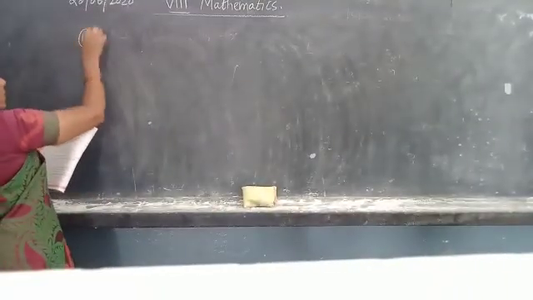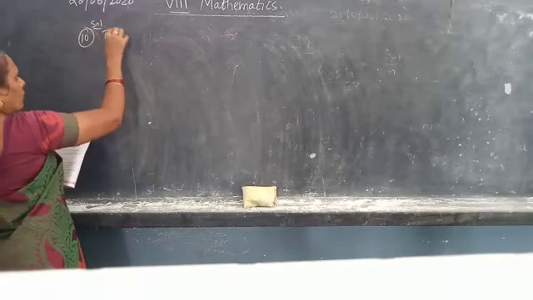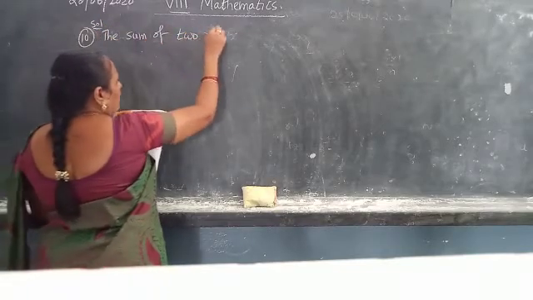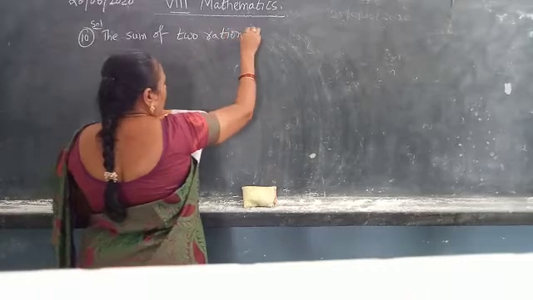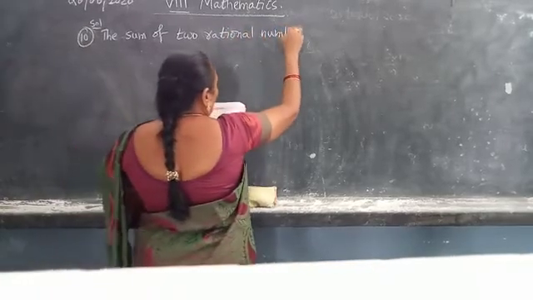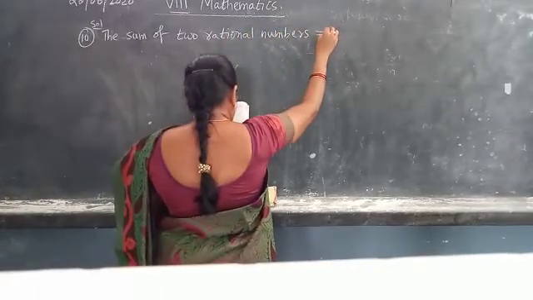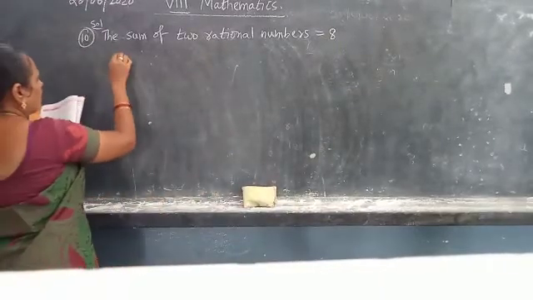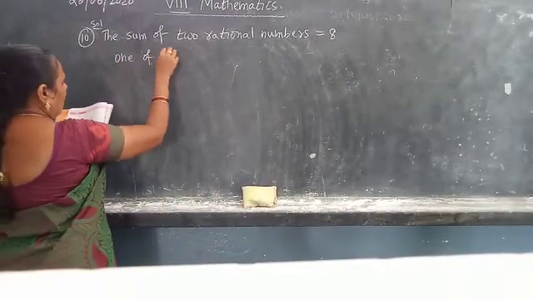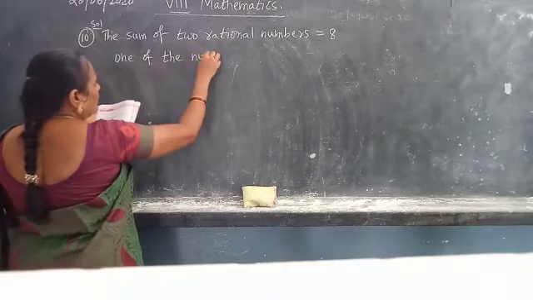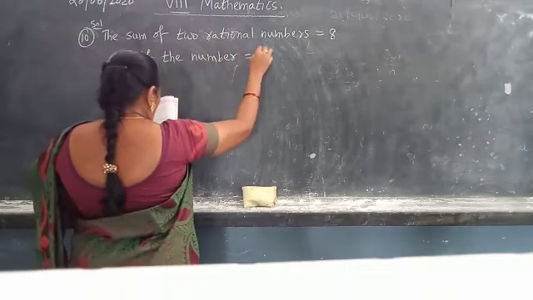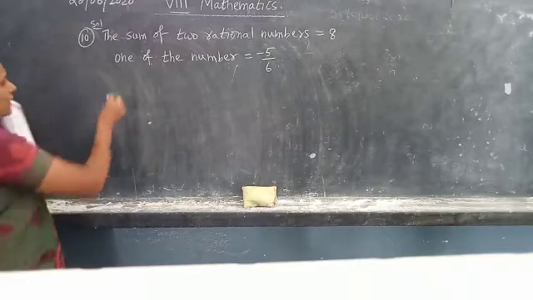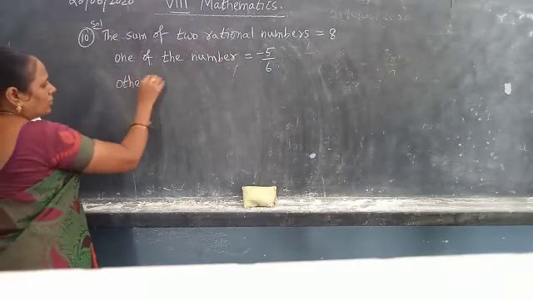Given the sum of two rational numbers is equal to 8. If one of the numbers is equal to minus 5 by 6, find the other.